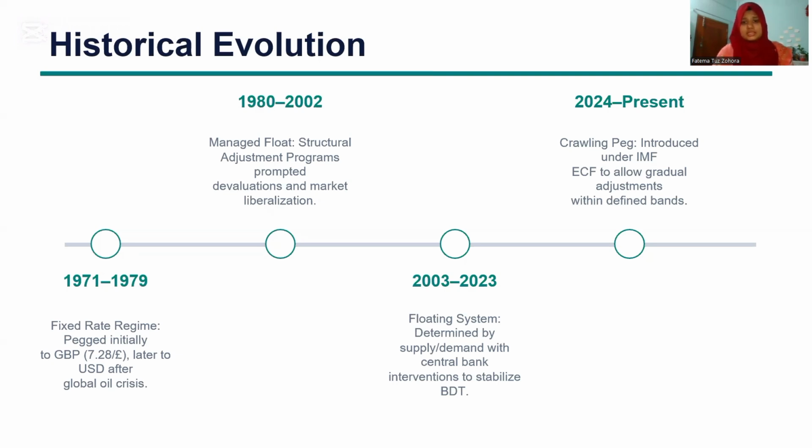In 2003 to 2023, a floating system determined by supply and demand with central bank interventions to stabilize the BDT. In 2024 to present, a crawling peg was introduced under the IMF ECF to allow gradual adjustments within defined bands.